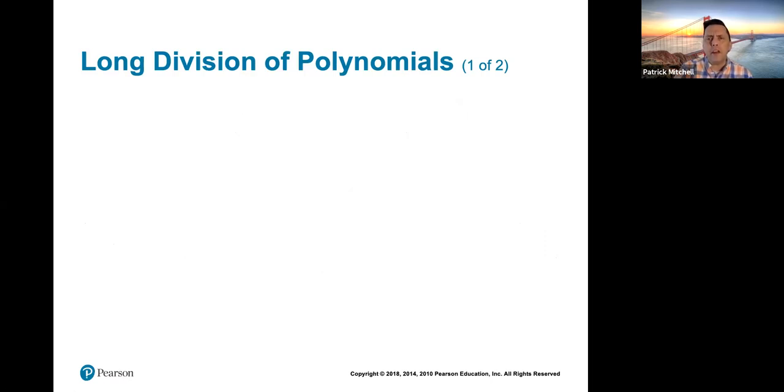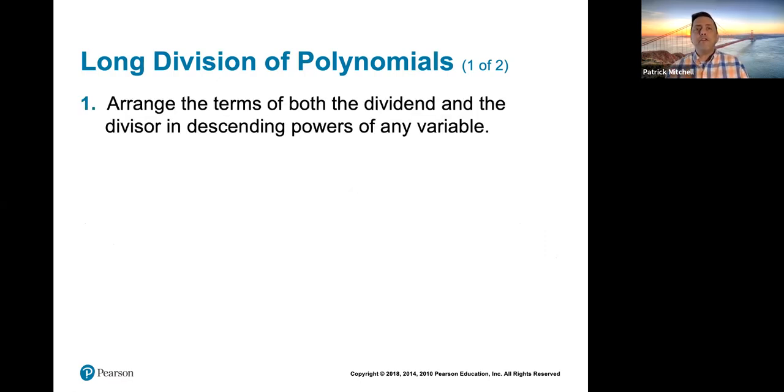All right, so I'm not going to spend a whole lot of time on these two slides because this is talking you through the steps of doing polynomial long division, and really this will make a lot more sense when you actually see it done, okay? All right, so first arrange the terms of both the dividend and the divisor in descending powers.